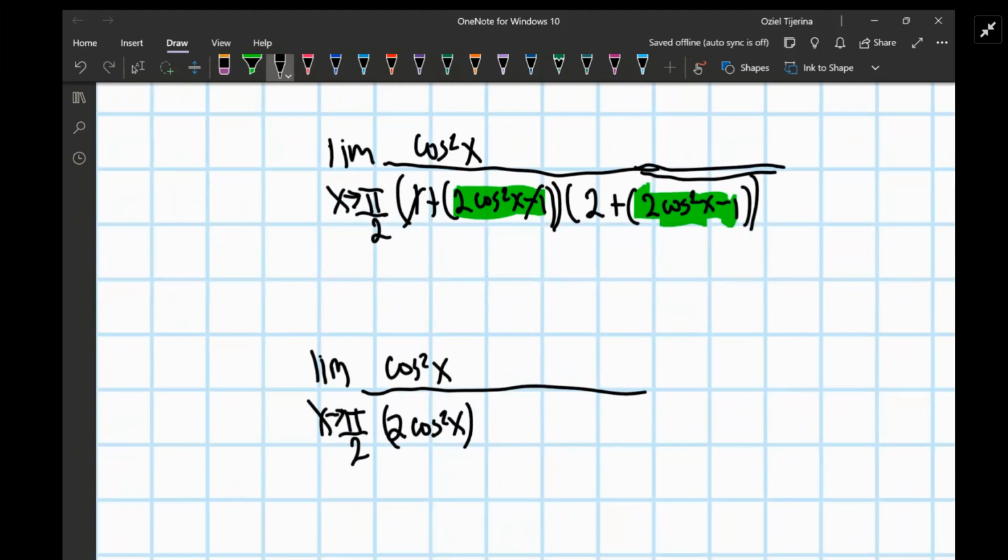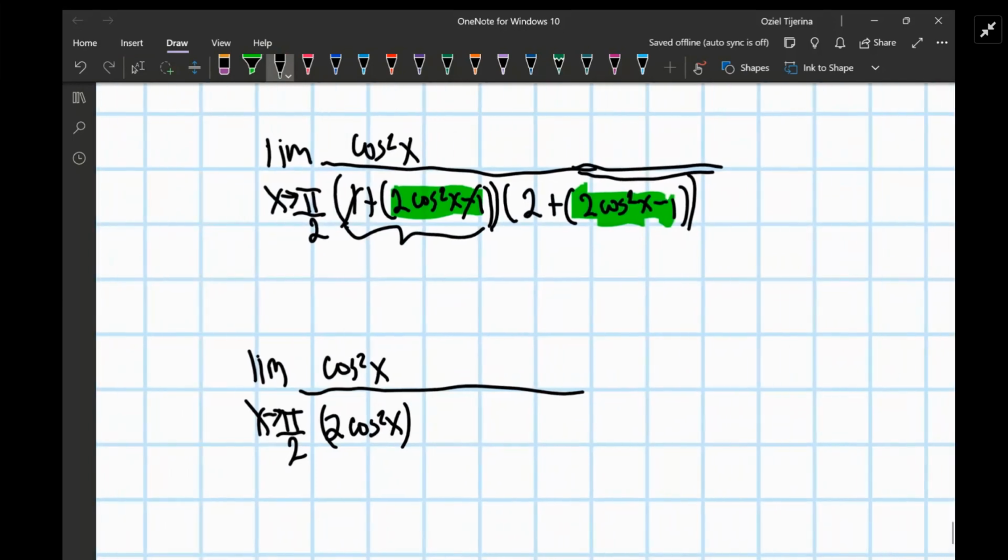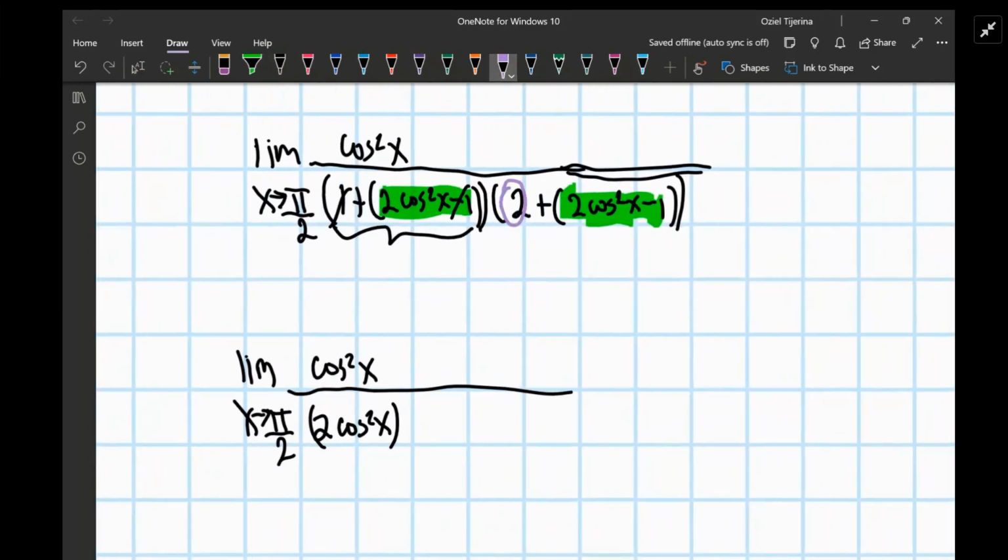Then here we have a 2 and a negative 1, so combining like terms again, it'd be times 2 cosine squared x plus 1.